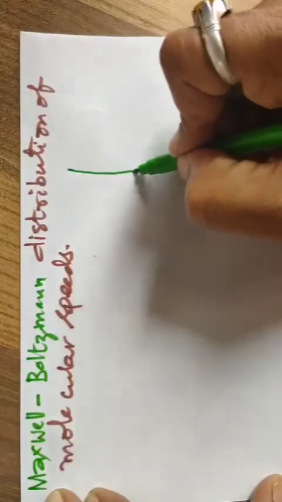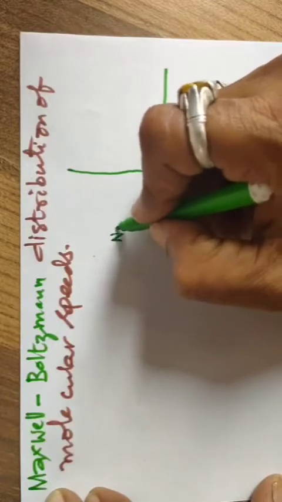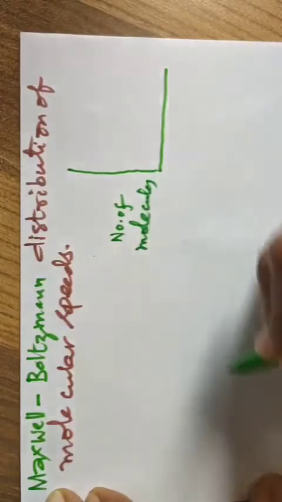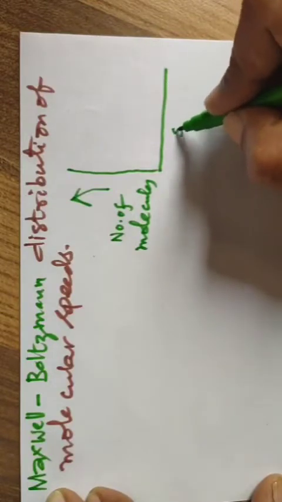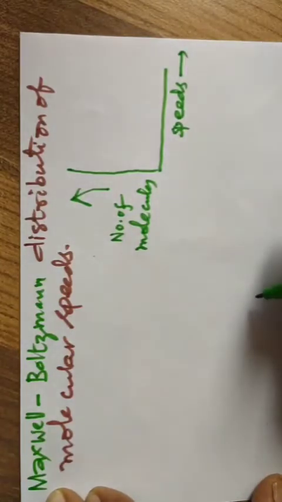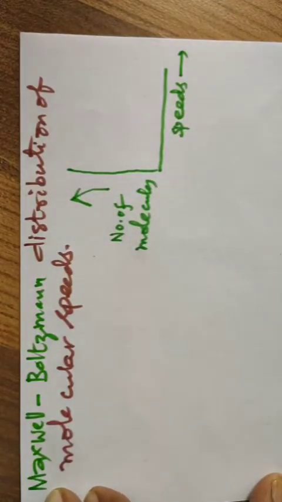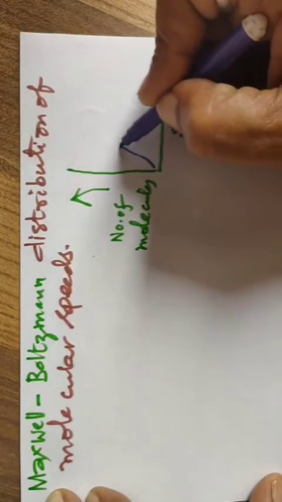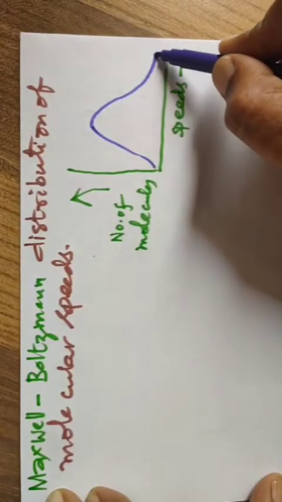On the y-axis, the number of molecules; in some books, the fraction of molecules is given. On the x-axis, different molecular speeds are taken. At a particular temperature, the graph is like this. As speed increases, the number of molecules increases, reaches a maximum point, and then decreases.